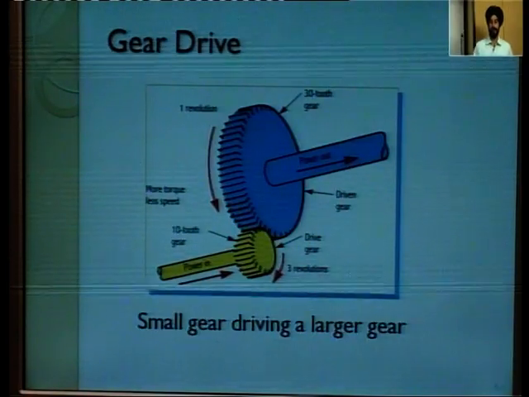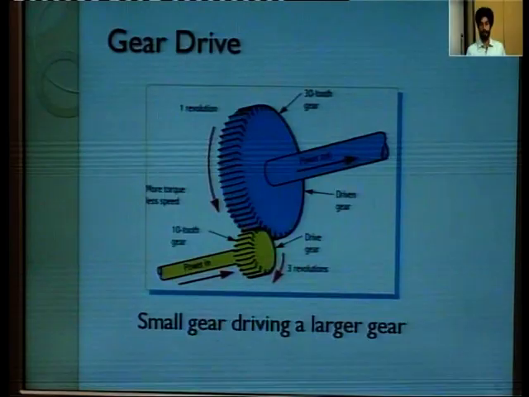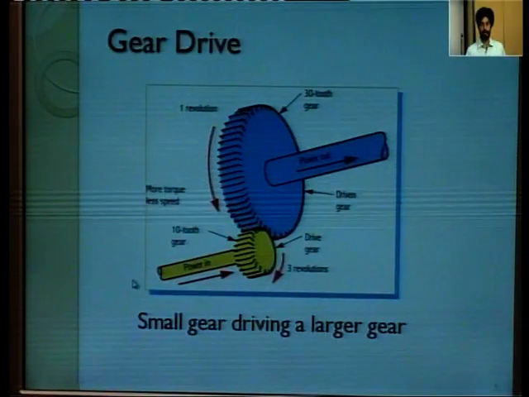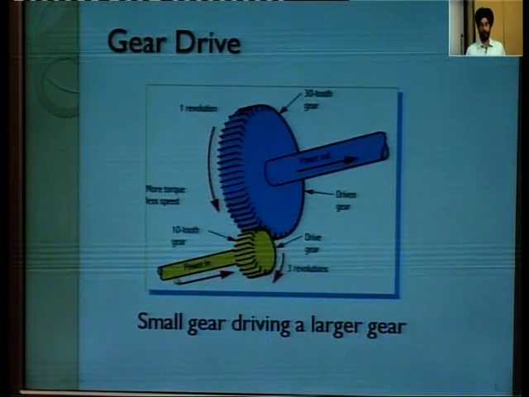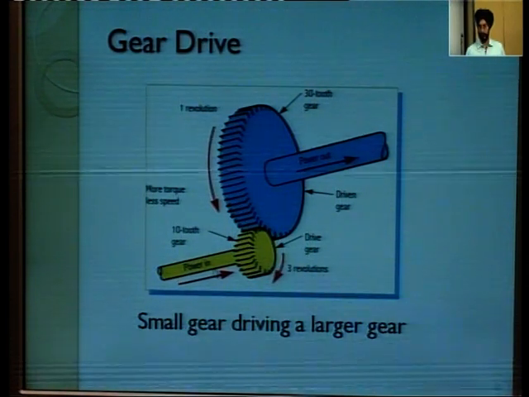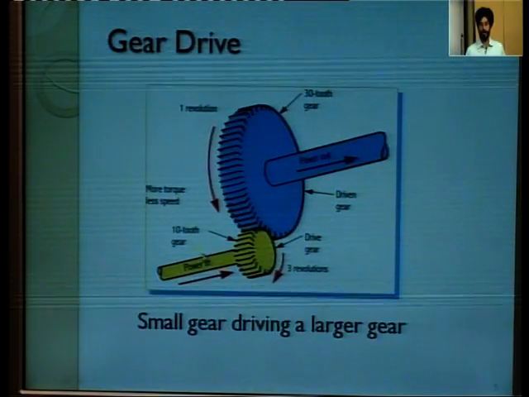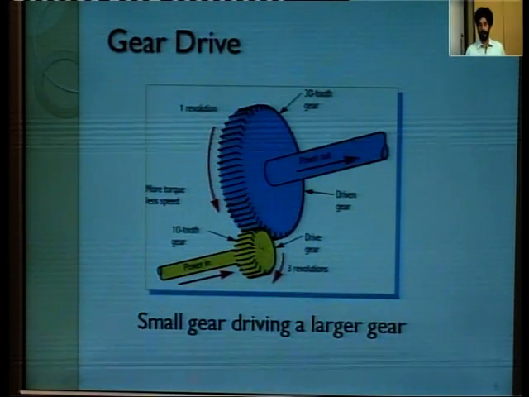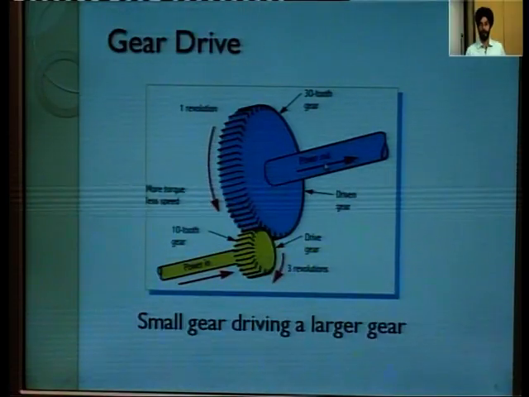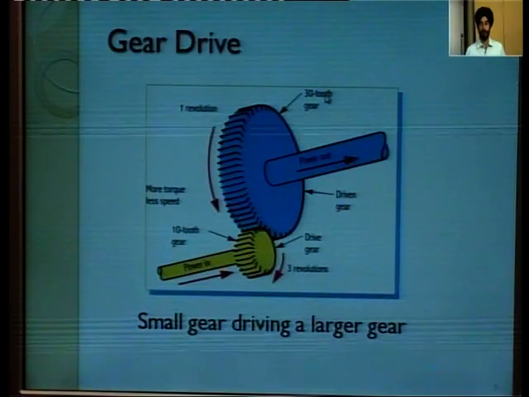Now in this slide we will see how torque is changing. See in this yellow shaft with gear, say the power is coming in this shaft, it is driving the gear having 10 teeth. It is matched with the output shaft through this bigger gear which has 30 teeth.